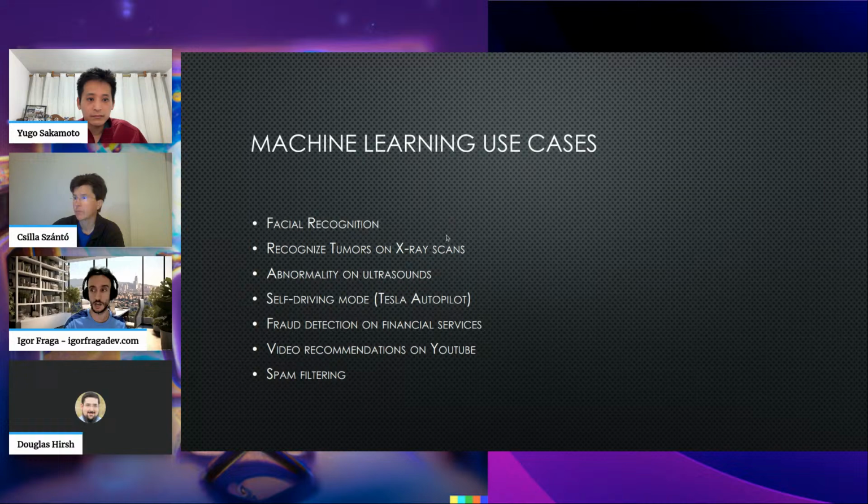It can be used a lot, especially in healthcare, to help in diagnosis, recognizing tumors on X-ray scans and abnormalities on ultrasounds. This is really interesting. You can see how many lives can be saved by applying machine learning, just by recognizing the symptoms of illness earlier and treating them at an earlier stage.